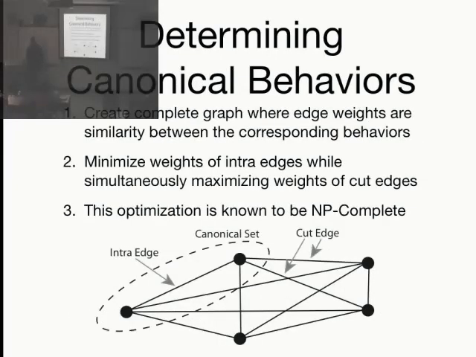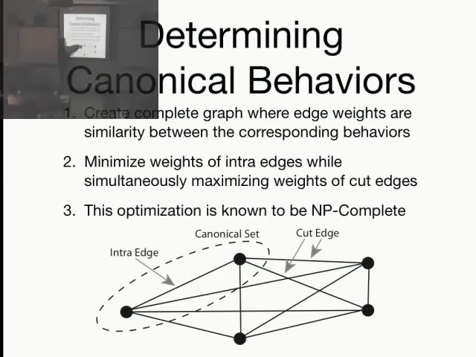So this is kind of how it works. Given we have all these pairs of similarities, we make a graph. And the edge weights are how similar the pairs of items are to each other. So if there's a really long line like this, that means that the vertices are really far apart from each other. So that's really good.